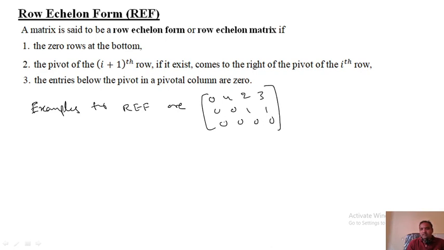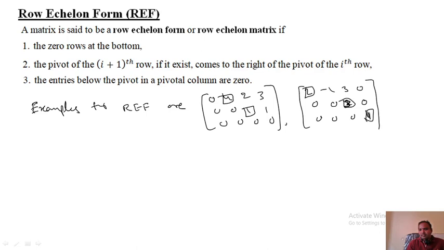Yes, this is echelon. This one is the pivot, this one is the pivot. The zero row is there, at the bottom. This is echelon form. Another: 2, minus 1, 3, 0, 0, 0, 2, 0, 0, 0, 0, 1. This also has pivots: 2, again 2, and here 3, and this also 1.